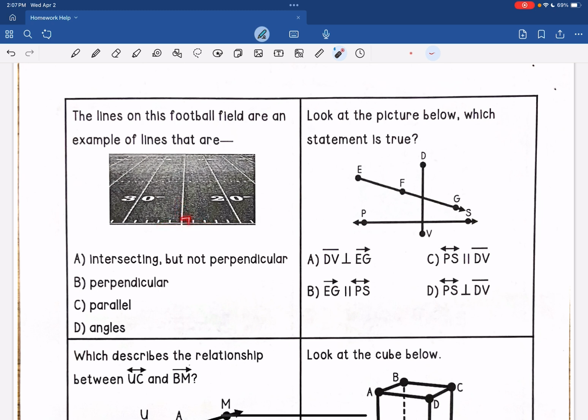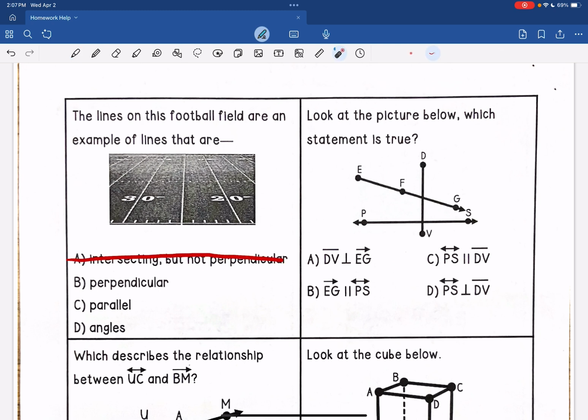So these are perpendicular. This line is perpendicular to this line. So A, I don't think I agree with because I see lines that are perpendicular. So I'm going to slash A.